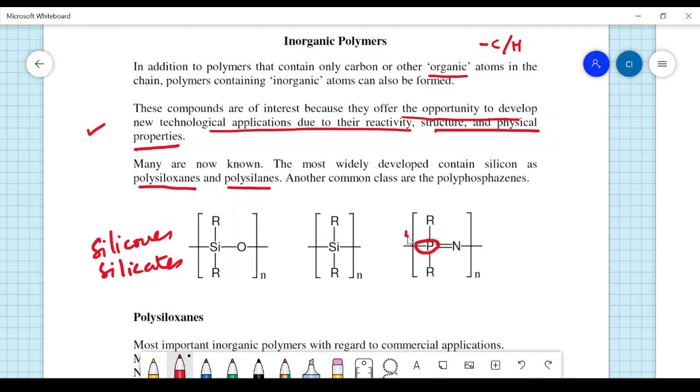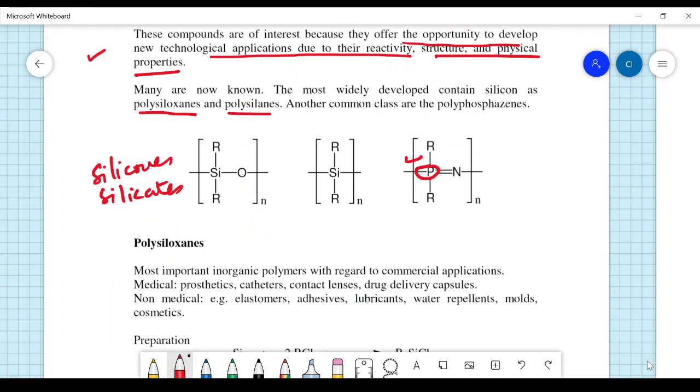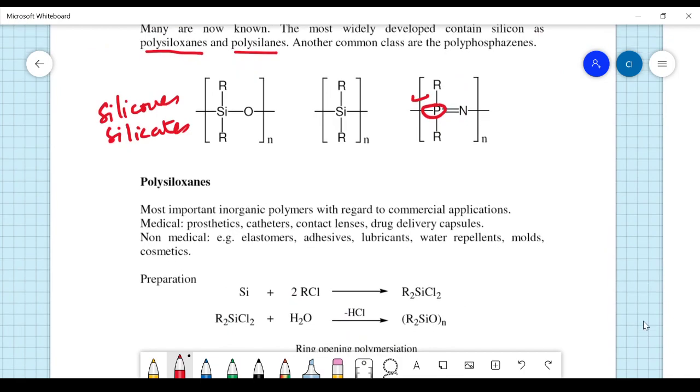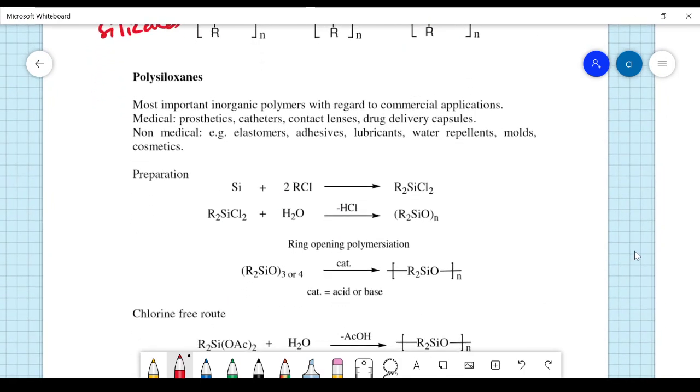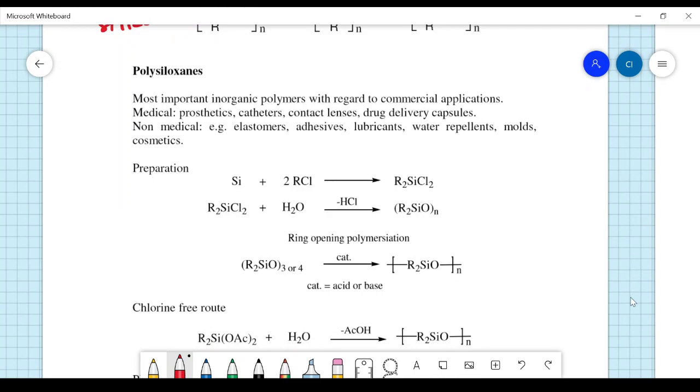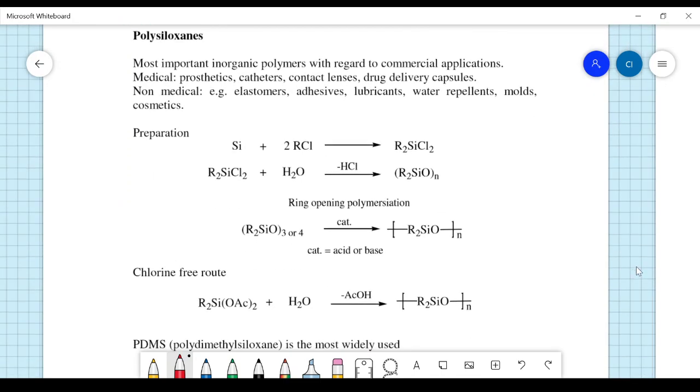With the inclusion of phosphorus and nitrogen, that is the compound we call the polysilanes. The most important inorganic polymers with regard to commercial applications are in catheters and prosthetics. Also contact lenses.